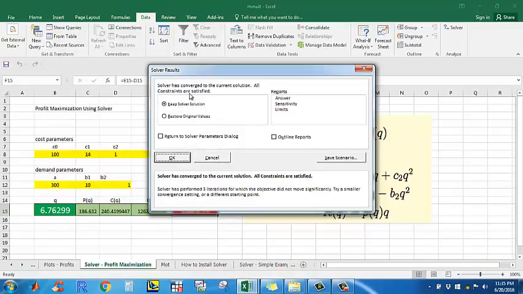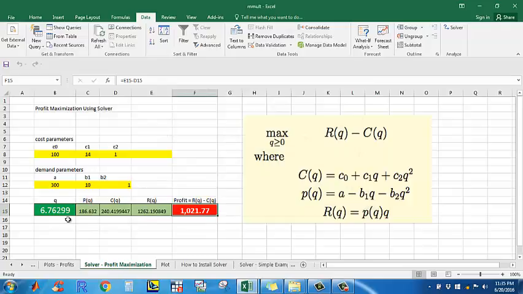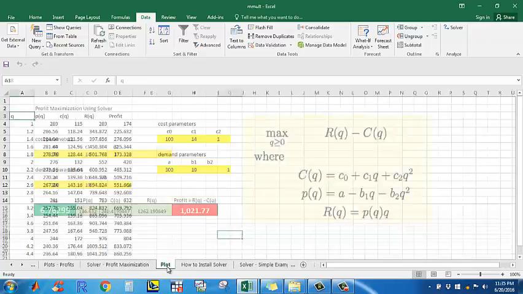Alright, so the solver has identified some solution. Let's do OK. So the answer here is 6.763, and profits at this level of Q is 1021. Now we can cross-check this. Let's plot this out for these set of parameter values, and let's confirm that 6.763 is indeed the profit maximizing level of output.